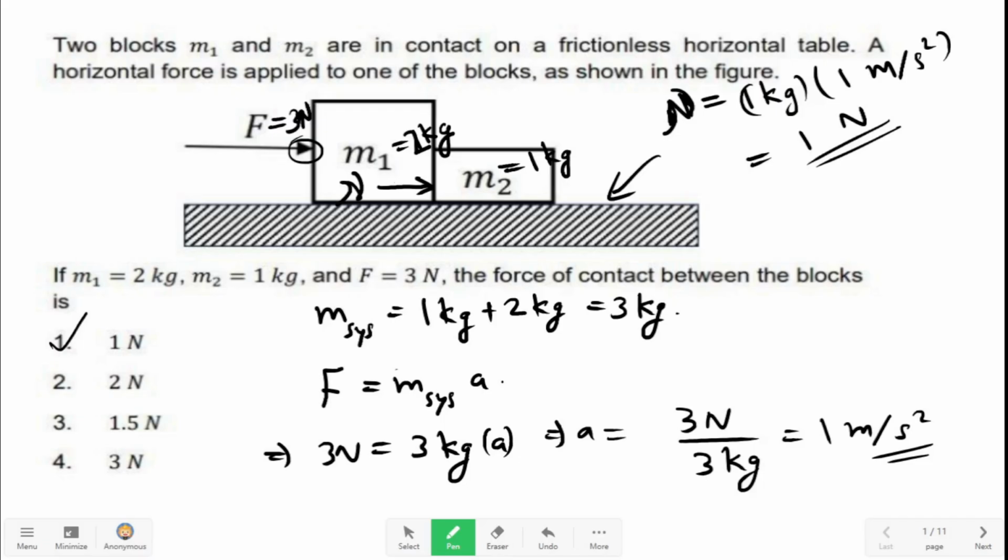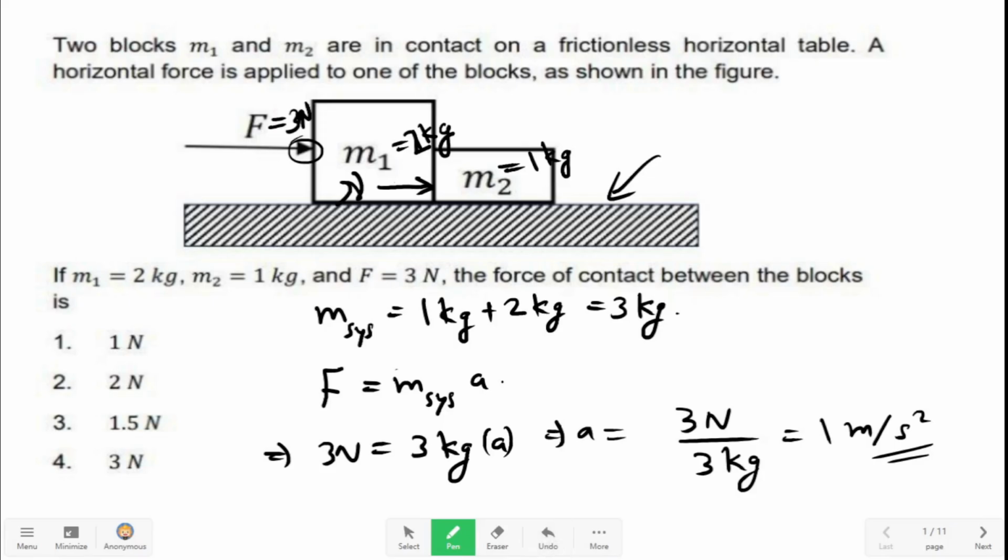We can solve this problem by analyzing M1 as well. If we analyze M1, one force is the horizontal force F, which is acting horizontally to the right, and to the left we have the contact force due to M2.